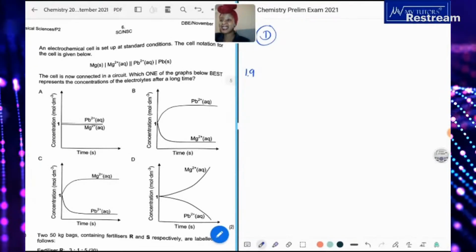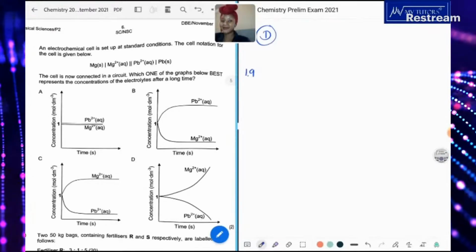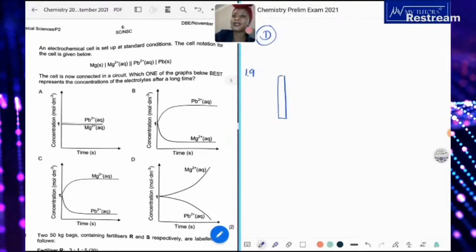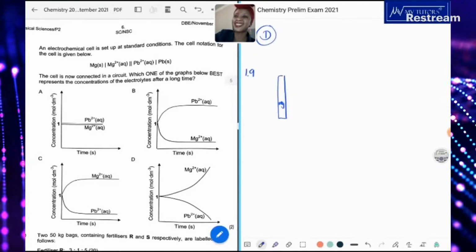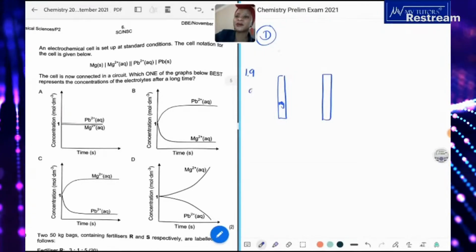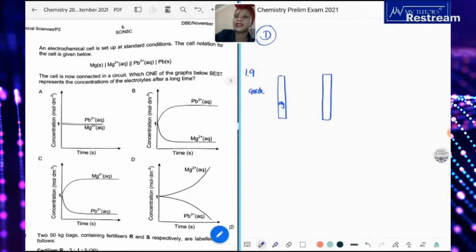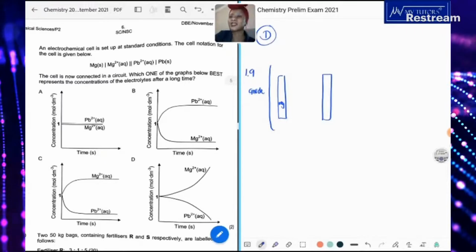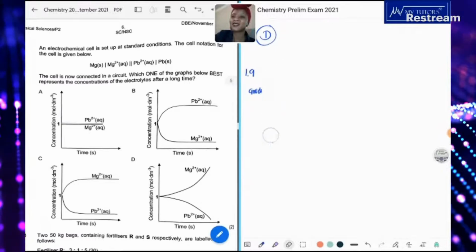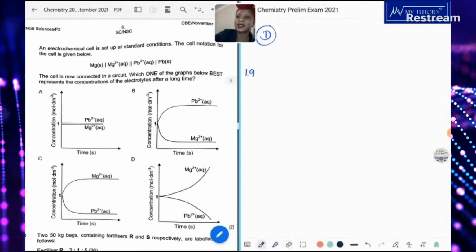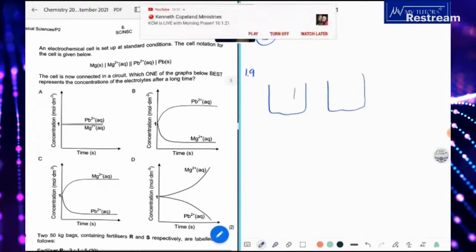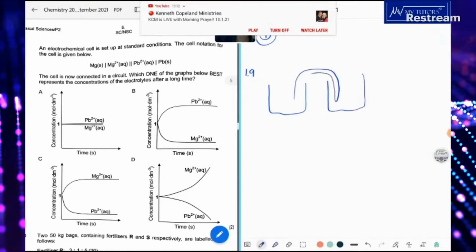So in that case, let me draw this. You have magnesium here as a solid, that's your electrode, your anode. We have our beaker there, our second beaker, our salt bridge.